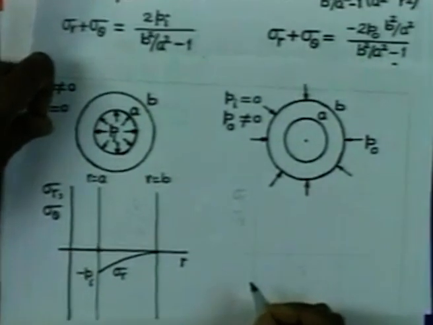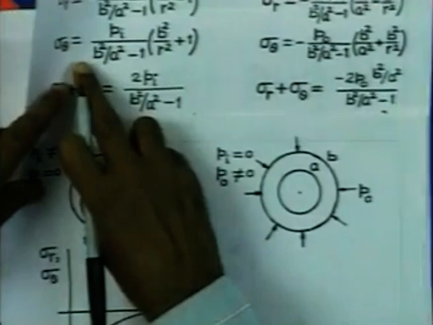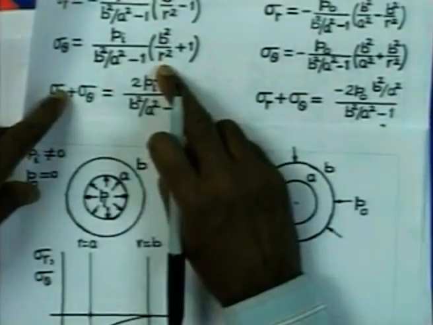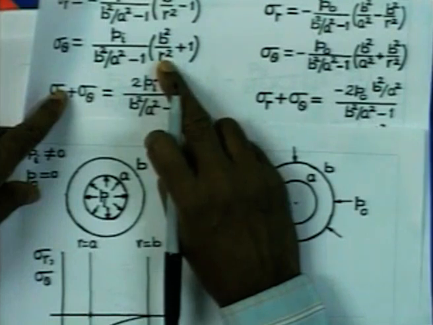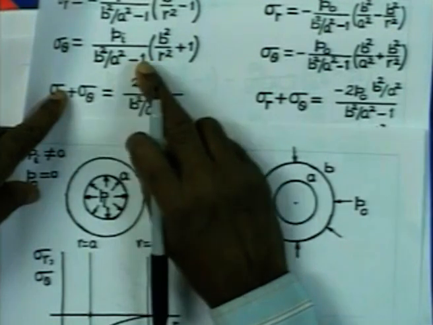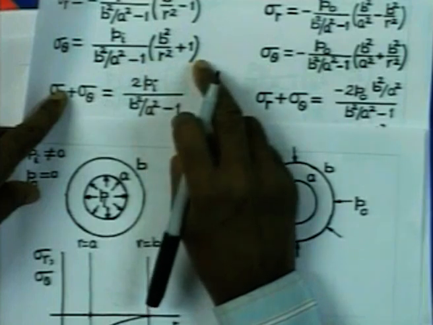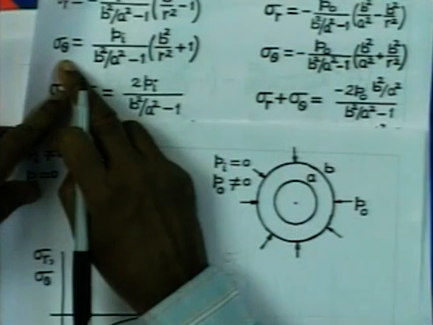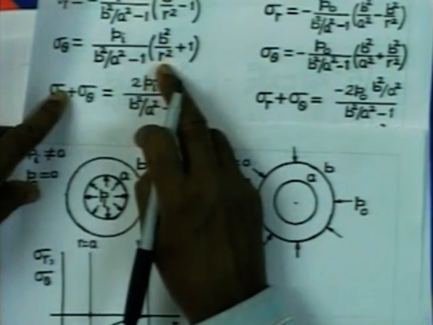Similarly, if you consider the variation of the hoop stress, when r is minimum, you have the maximum value, and when r is maximum, you have the minimum value. It is gradually reducing in magnitude, and the slope d sigma theta dr is going to be negative, because you see that d sigma theta dr is proportional to minus 2 by r cube.